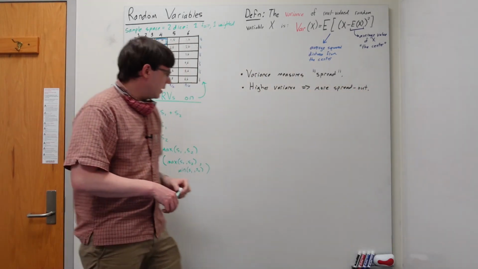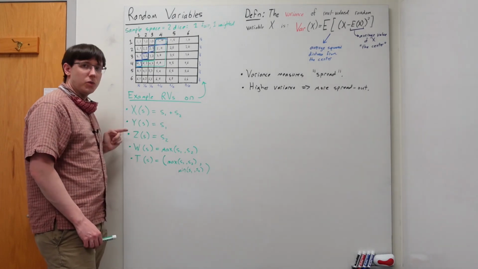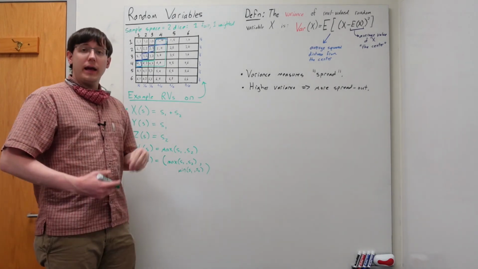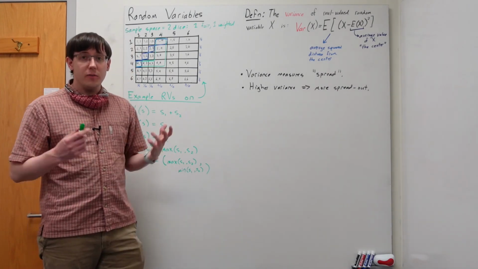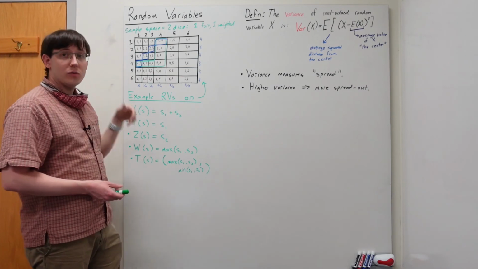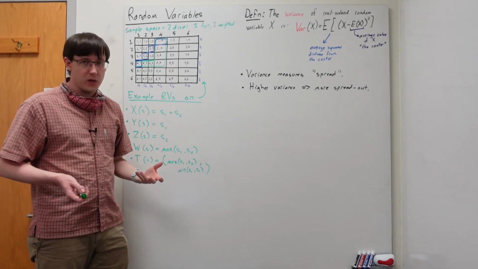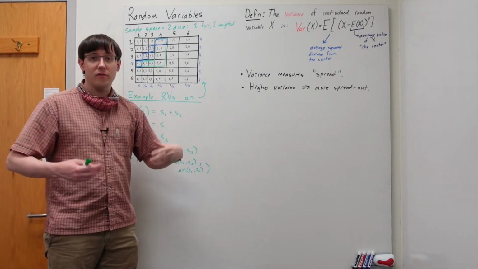As an example, let's compute the variance of our random variables y and z, and take a moment now to think about which you think is more spread out. Y, where we have the values 1 through 6 with equal probability, or z, where the higher values have greater probability.